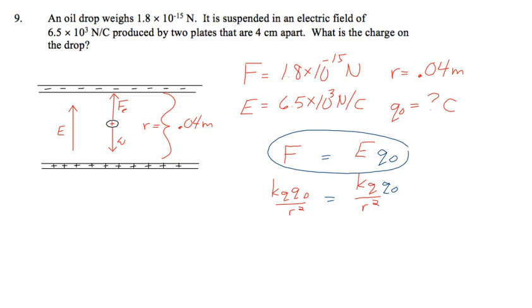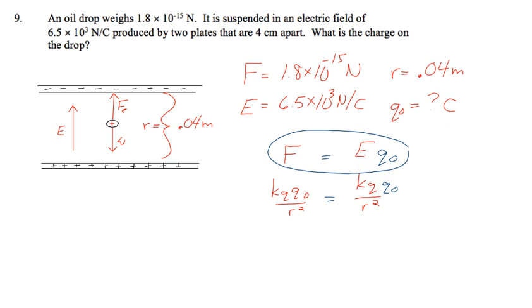If I rearrange that equation to solve for Q0, I just need to move the E to the other side. And that's another way to check if you did this part correctly, because my answer for Q0 should be in coulombs. If I don't get coulombs moving the E down here, then I must have done something wrong.